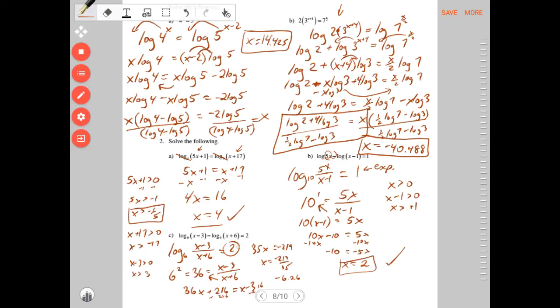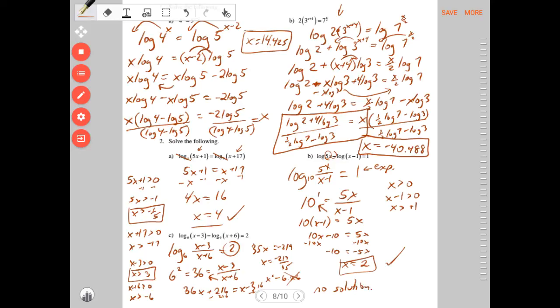And then x plus 6 has to be bigger than 0, so x has to be bigger than negative 6. Now the thing is, we have to go with the smallest restriction, so x has to be bigger than 3. We notice our answer of negative 6.26 is not bigger than 3, so this is extraneous. So if that's extraneous, there is no solution here.